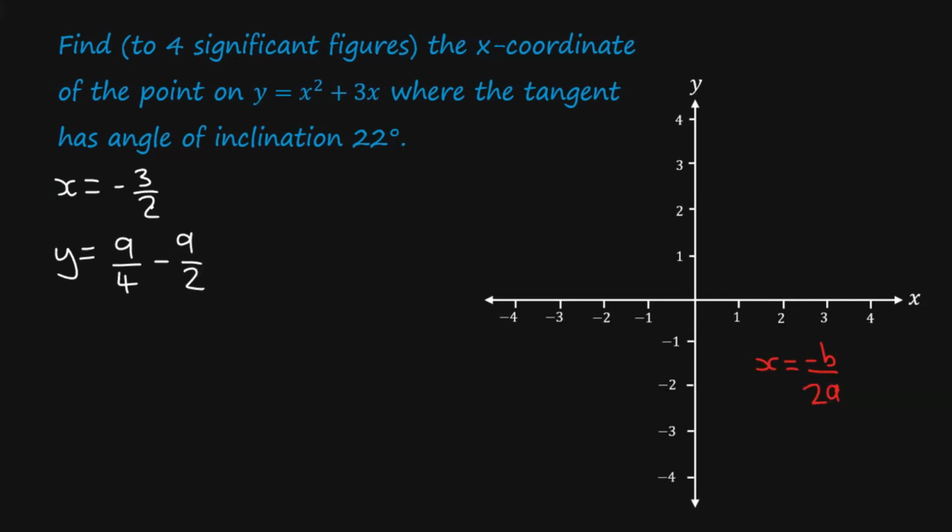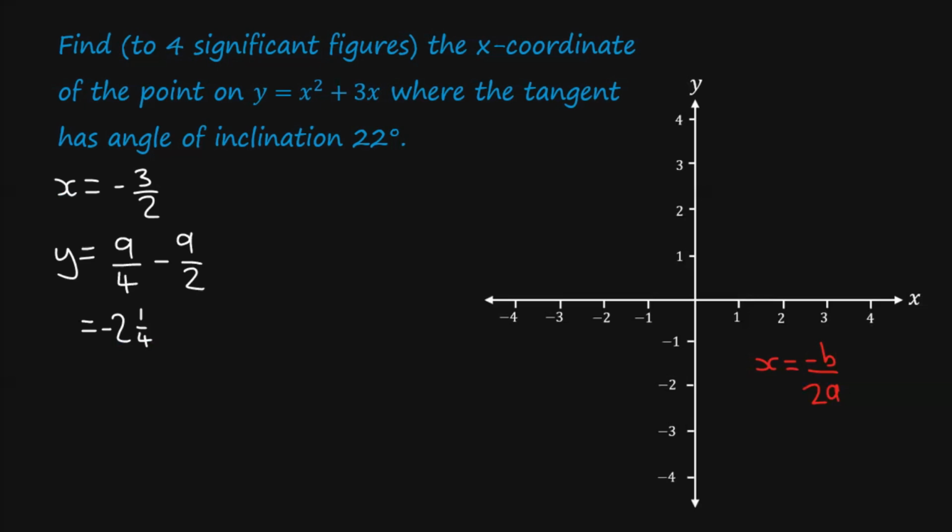I've just done 3 over 2 times 3, so it's -9 over 2. And if you evaluate that, I won't show all the working, you'll end up with a value of -2¼. Okay, so that's our y value. That's going to give us a vertex of -3 over 2 and -2¼.